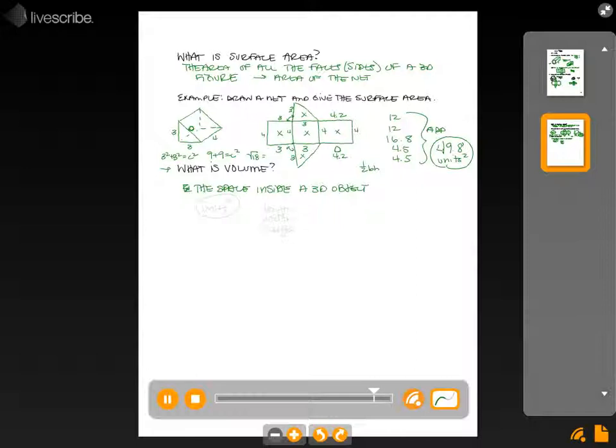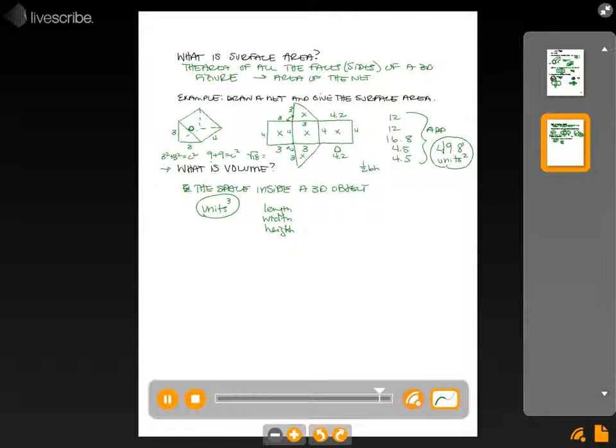And that's what volume is. Okay? And volume is represented in units cubed. The reason it's in units cubed is because there are 3 dimensions for a 3-dimensional object. You remember you have length, width, and height. Okay? That's where we get the units cubed from.